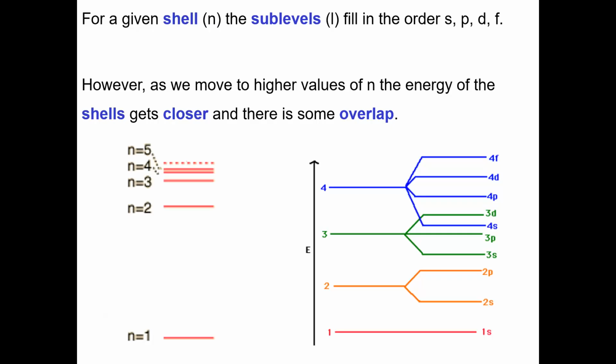So, if we look at a given shell, that is a set of orbitals that all have the same n value, we'll see that the subshells within that shell, that is the S, P, D, and F subshells, fill in the order S, P, D, and F. Now, there is a slight problem. If you recall when we were talking about the Bohr model of the atom, we said as we go to higher shells, the shells get closer and closer together.